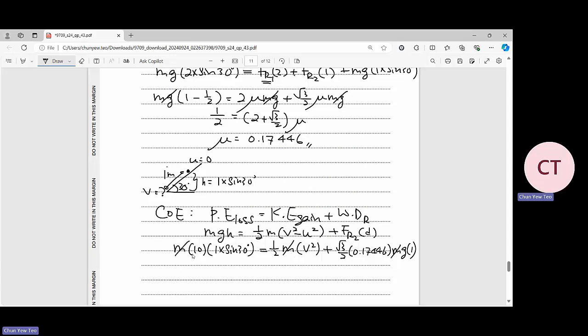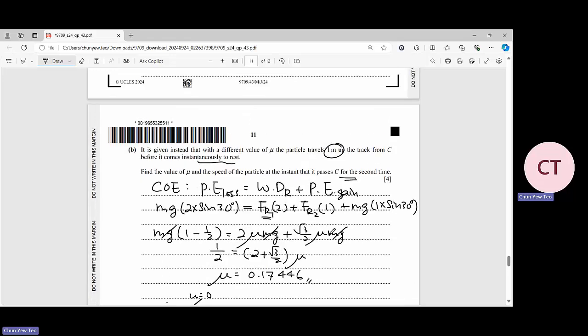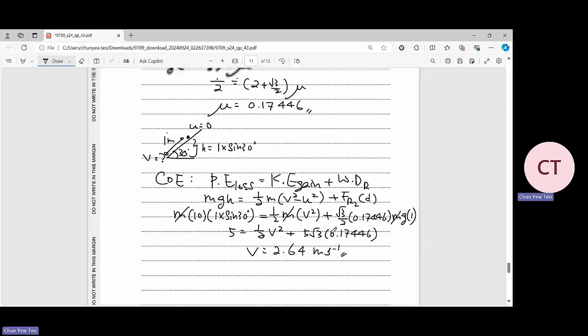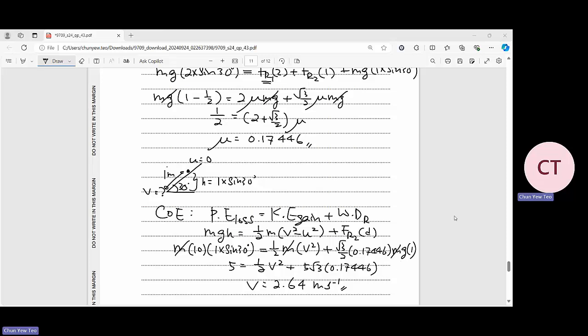So over here, you get this one as 5 to the half, plus the 5/3 of 0.1744. Pressing the calculator, we get the answer v as 2.64 meters per second. So this will be the answer for question number 7B. And that will be the last question for this paper. So I'll stop the video here. See you next time.